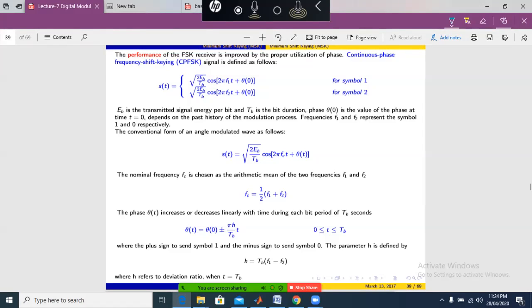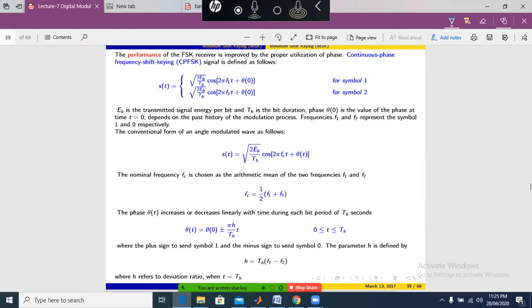So we can see that theta is linear during the bit duration, starting from 0 time to time t.